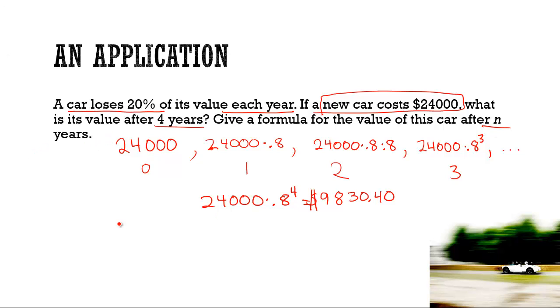So what happens with this formula? The nth term is going to be 24,000 after n years times 0.8 to the power of n. So you can actually find the value of this car in 100 years, and it likely would not be $0. Interesting. Fancy that.